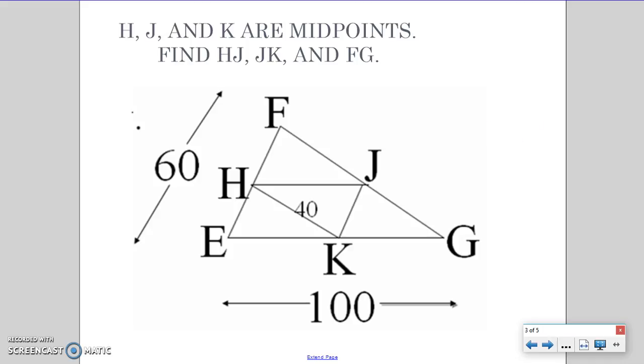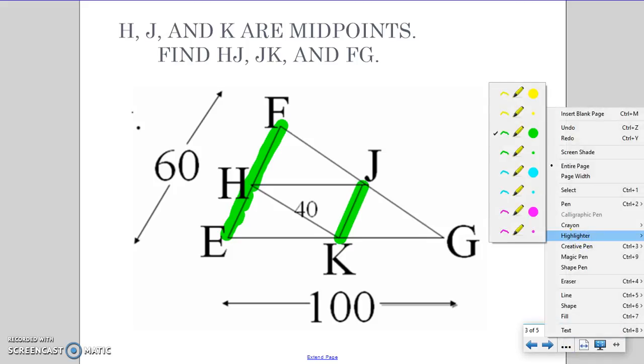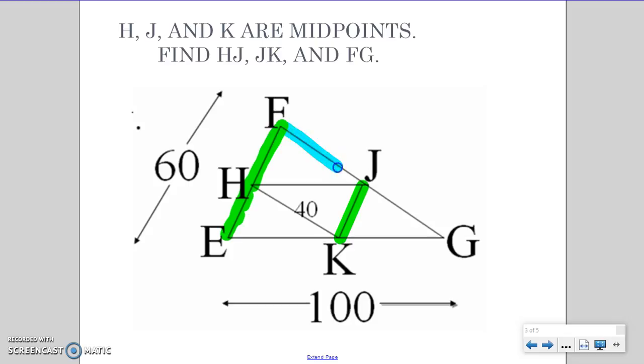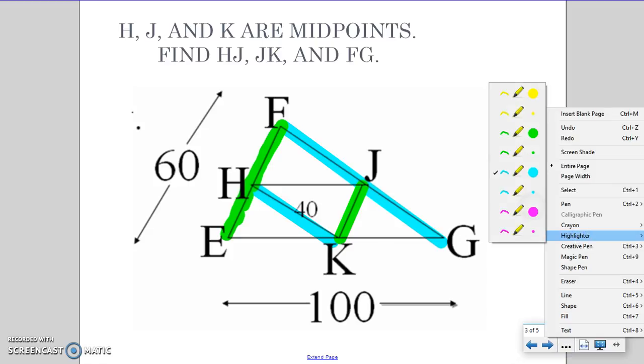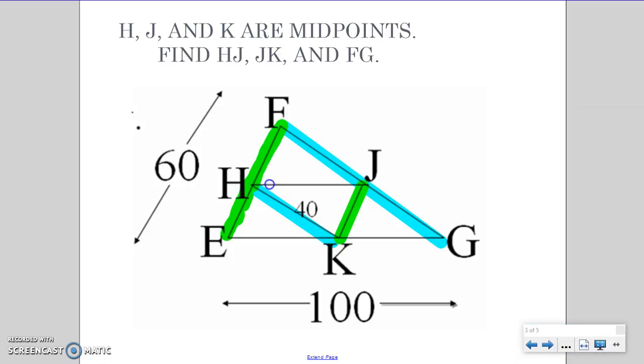And I'm going to start just by using a highlighter to show you what pieces correspond with each other. So FE would correspond with side JK. FG would correspond with side HK, which leaves us with HJ and EG.